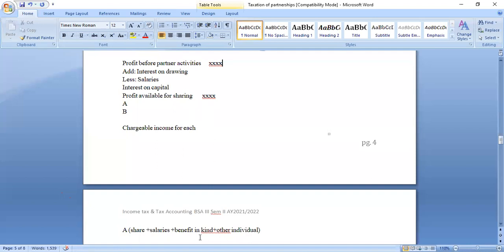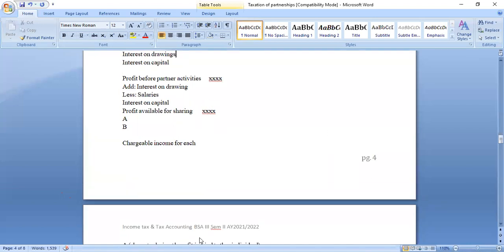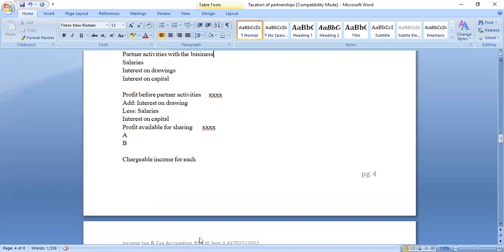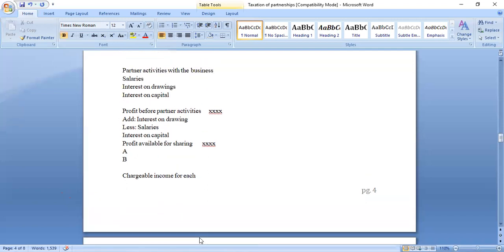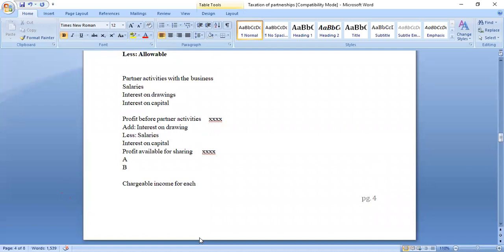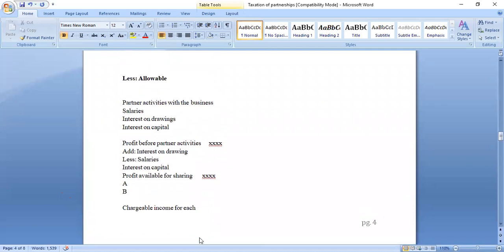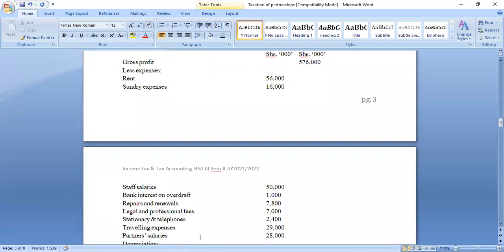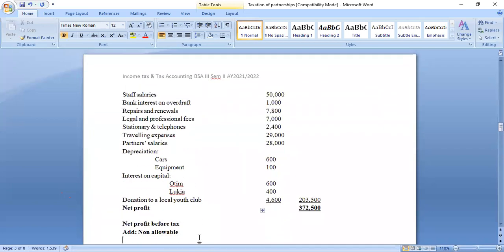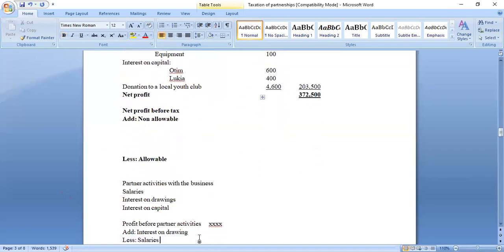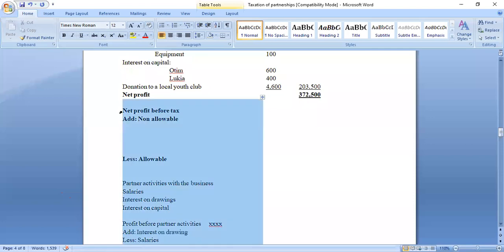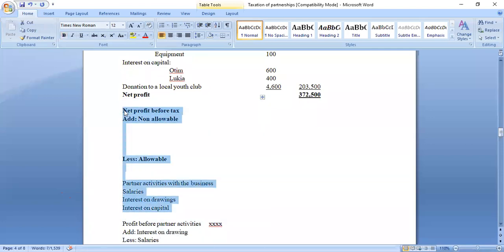Unless you have any questions on it, I'm going to use it to do the number. Since you don't have any questions, you can use it and see how it goes. So you come, like I said, the normal way you did with business. What's differing is now you have a few items like interest on capital, interest on drawings, what you call partner activities.